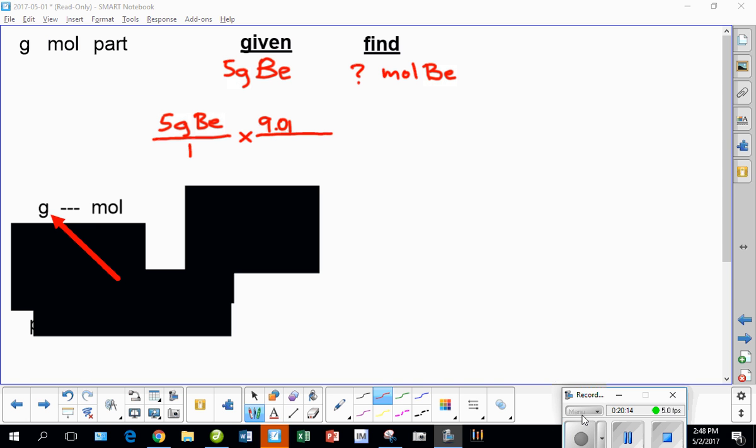And this is, whoops, on the wrong place. 9.01 grams of beryllium, and what's on top? 1 mole. See, the moles are always going to be 1 with this kind of a fraction. Anytime there's a fraction in the middle where we're going to moles or coming from moles, moles is always going to be a number 1. Okay? And we're done.